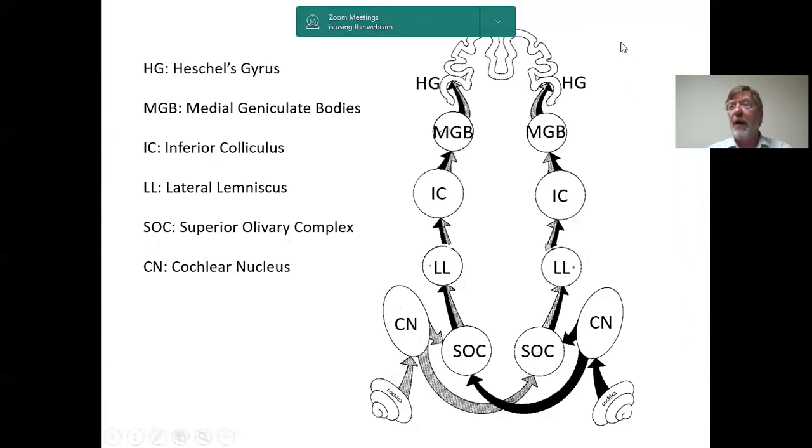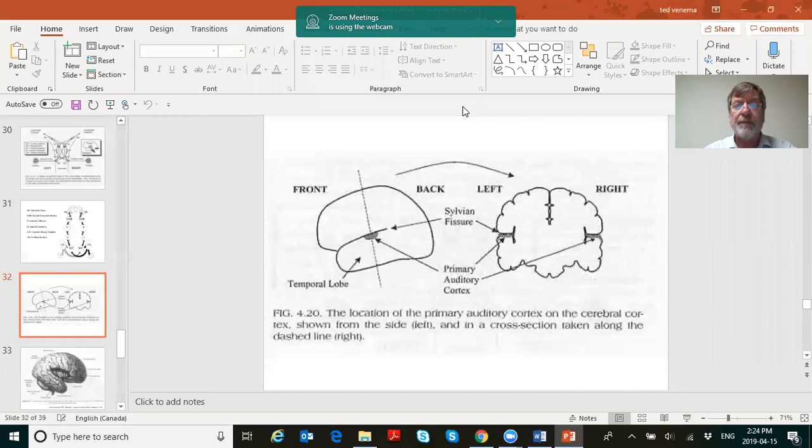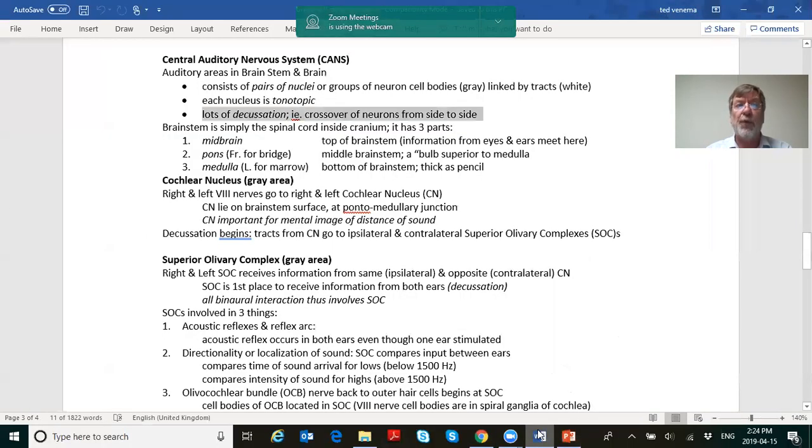Actually, the brain should be way bigger, but it's mainly to highlight the pairs of nuclei, gray matter areas inside your brainstem that deal with hearing. And the very top one, Heschl's gyrus, is actually part of the cortex of the brain. So let's look at our notes now.